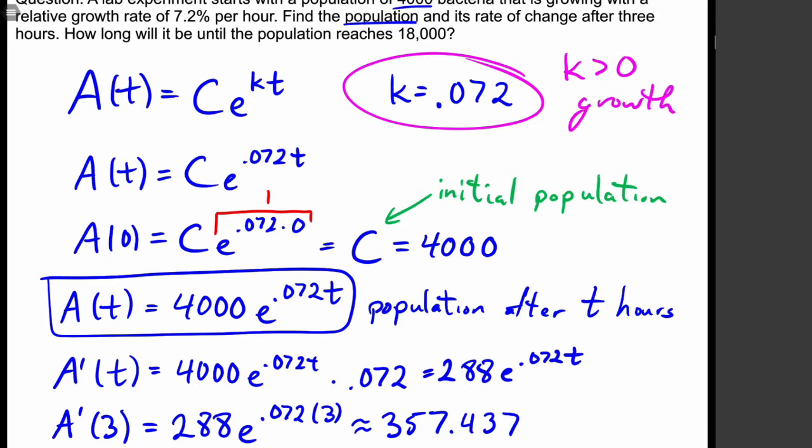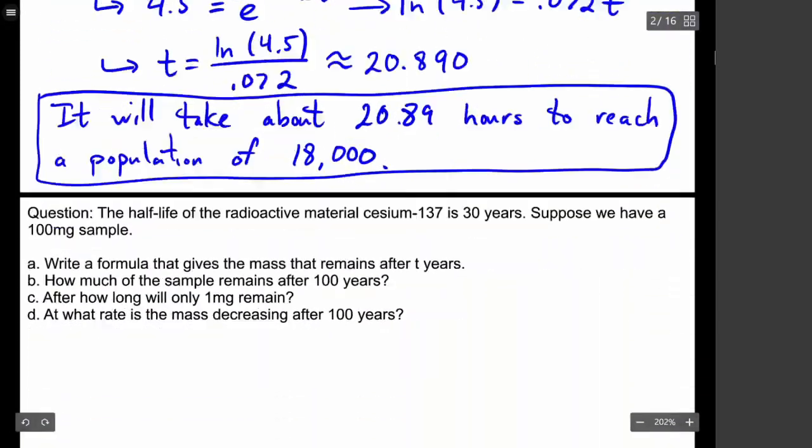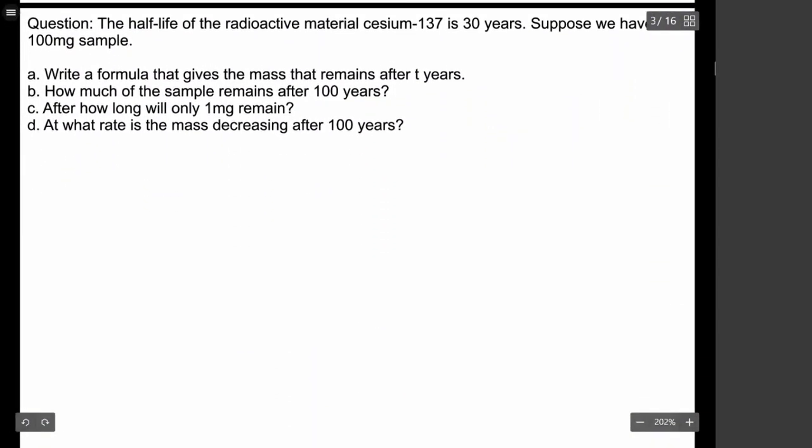But now, what does decay look like? Well, we've got another example here just to show that off. Here we have an example where the half-life of the radioactive material cesium-137 is 30 years. Let's suppose we start with a 100 milligram sample.